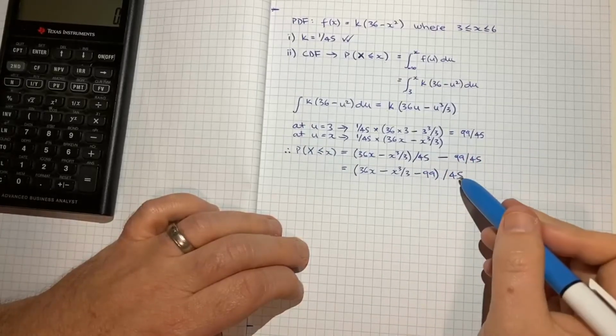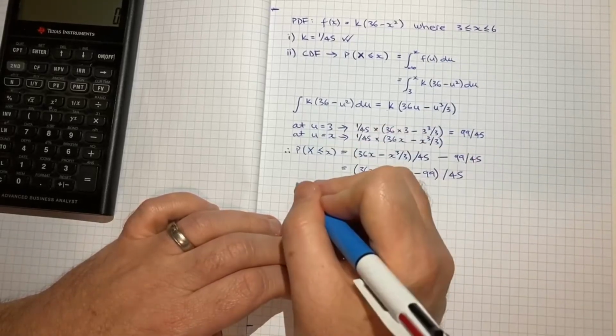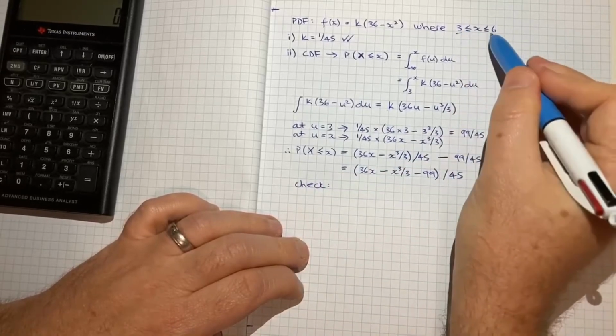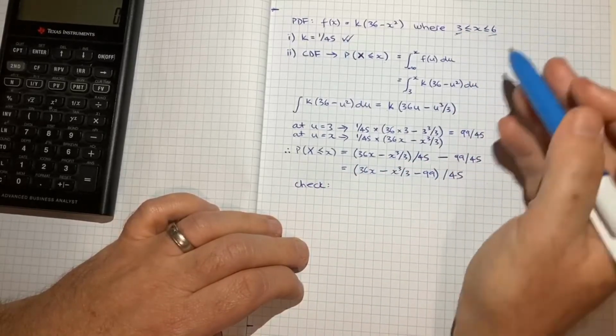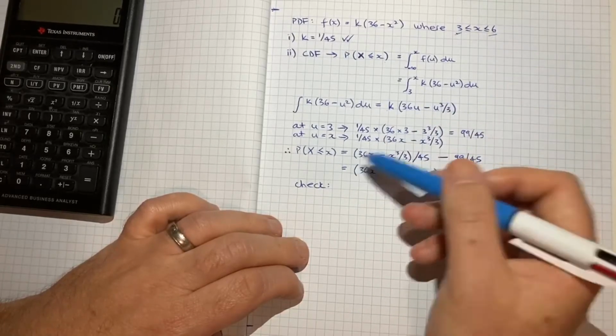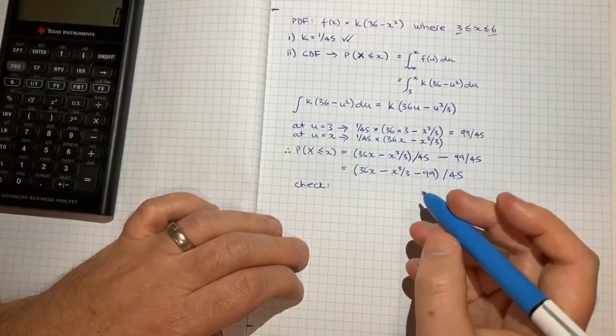Now what we can do to make sure there's been no mistake in any of that process is we can check the upper and lower bounds of what we know are the values for x. So when x is less than or equal to 6, we should get a probability of 1 because all values must be less than or equal to 6.